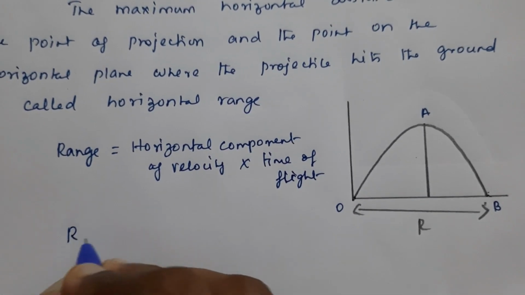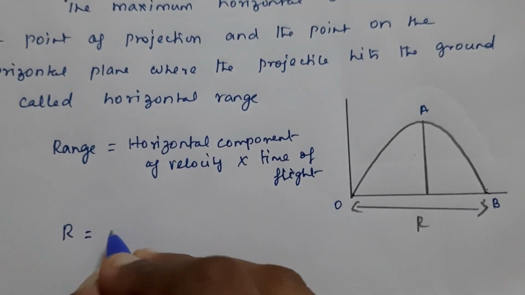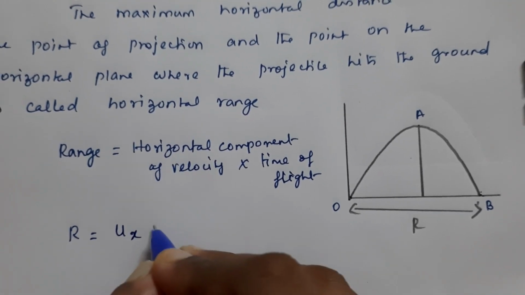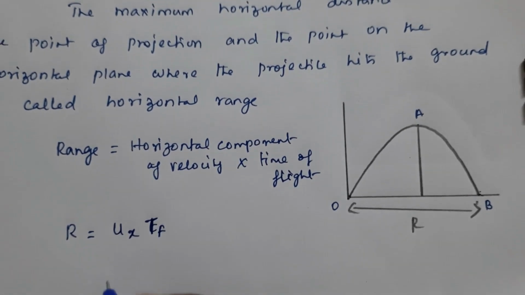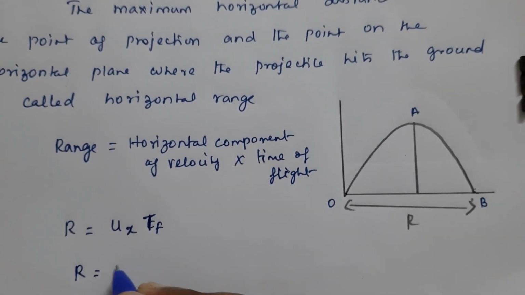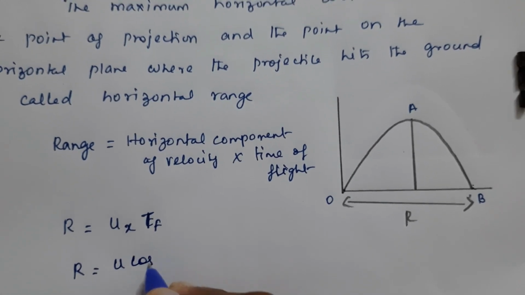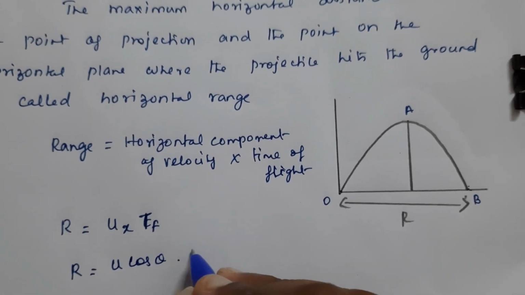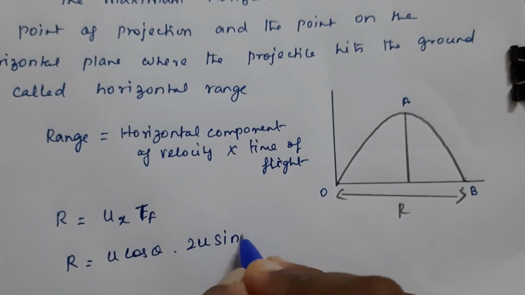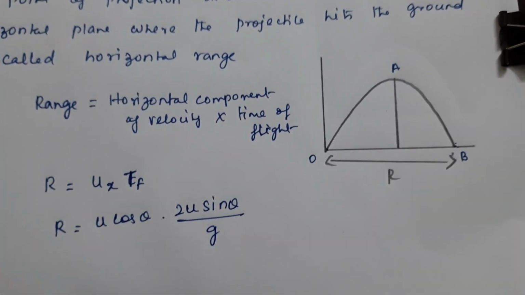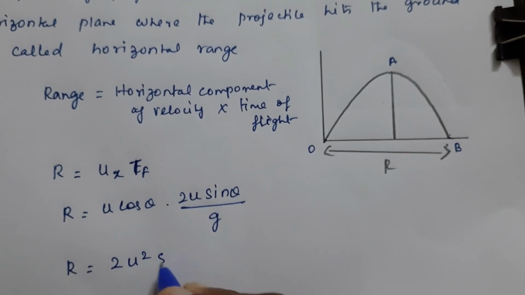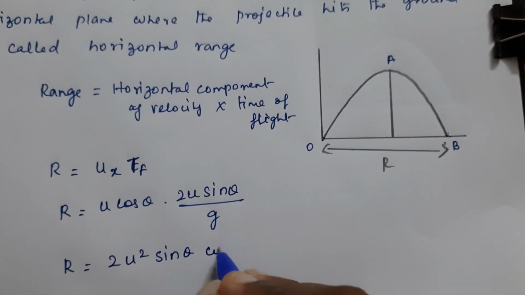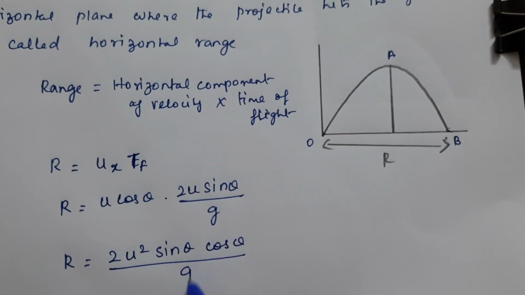So range is equal to the horizontal component of velocity, that is ux, into time of flight Tf. So R is equal to U cos theta into time of flight, which is 2U sin theta by g. So R is equal to 2U square sin theta cos theta by g.